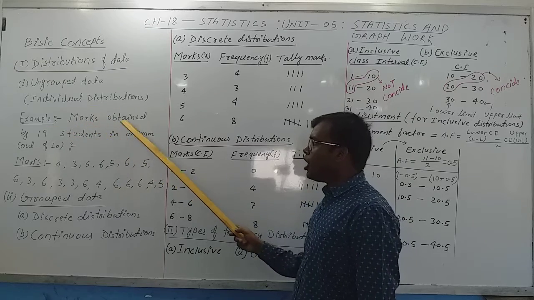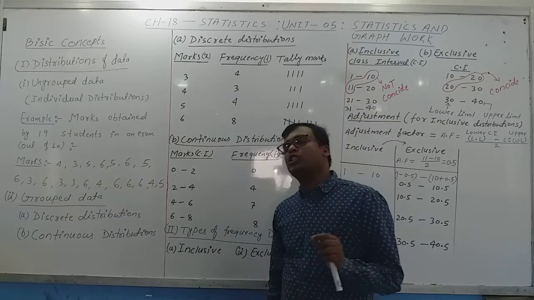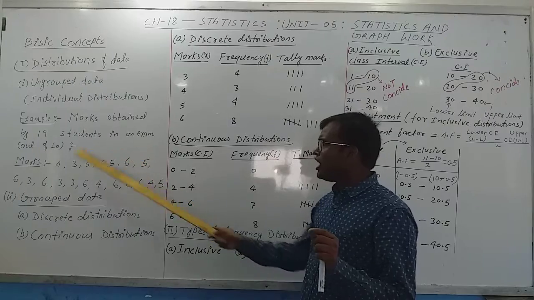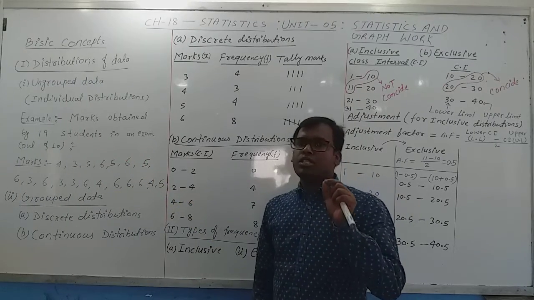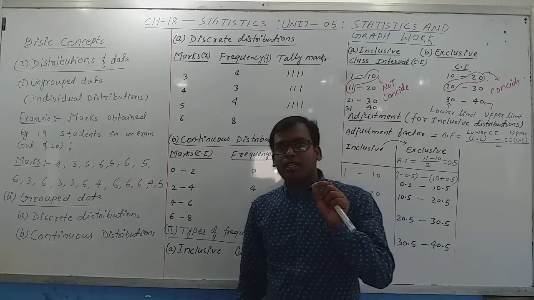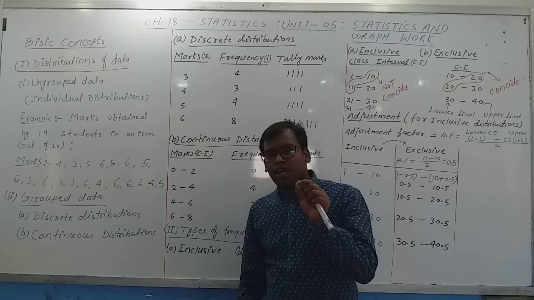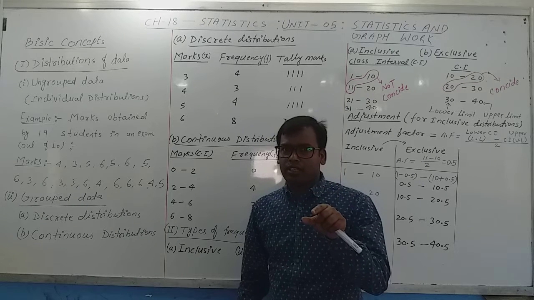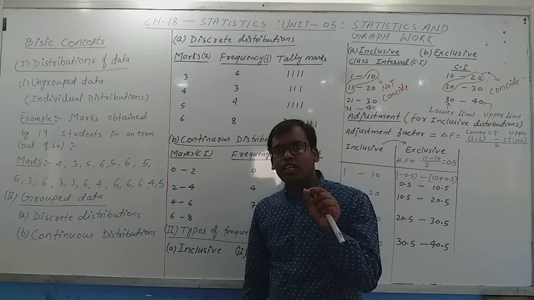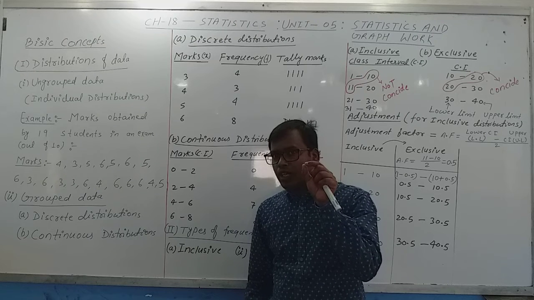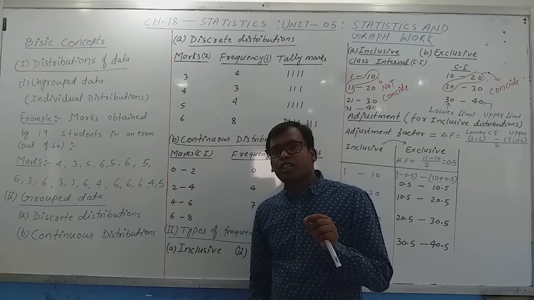Example: marks obtained by 19 students in an exam out of 10. That means students have obtained marks out of 10. Here I have collected the marks of 19 students. What does individual distributions mean?